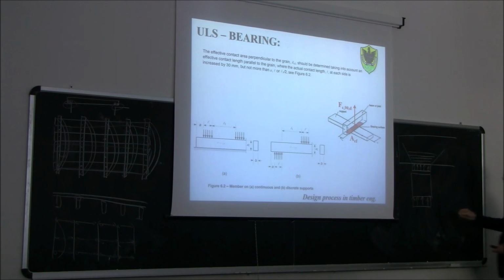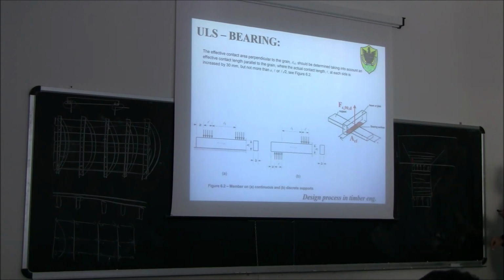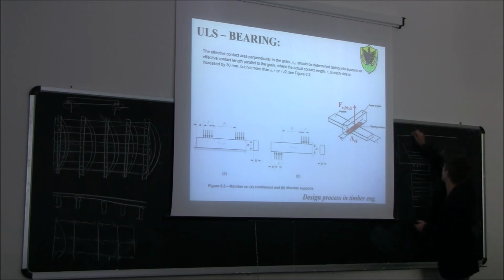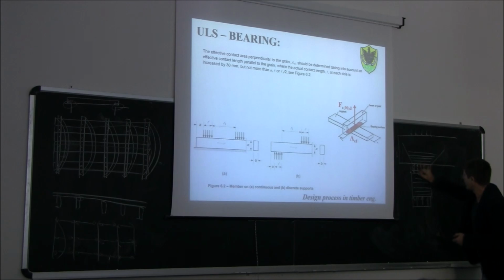So if you have only one cube of wood, you load this cube, it's clear that you don't have any support, so you can have a diffusion of stress in this way. While instead here, you have a diffusion of stress. So if you do a compression test on a beam like this, you will get much higher resistance compared to a compression strength test on only one cube, only one particle.